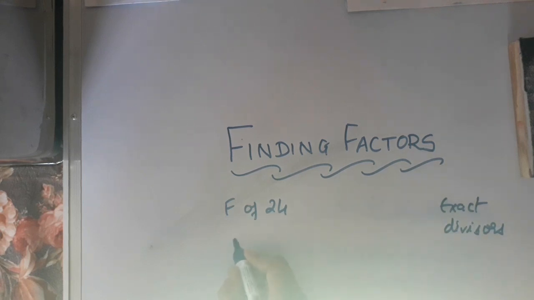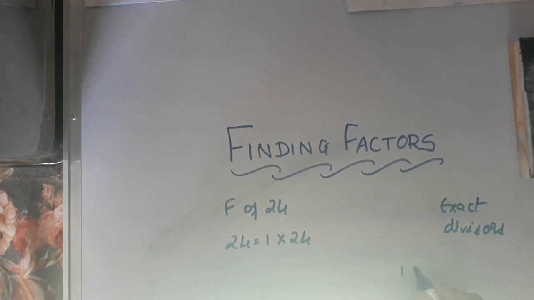Fine. Now 24, as you know, is divisible by 1 and 24, because a number is always divisible by 1 and the number itself.